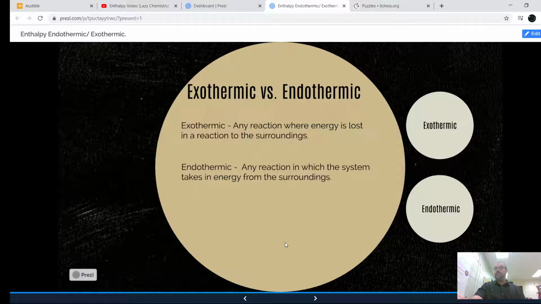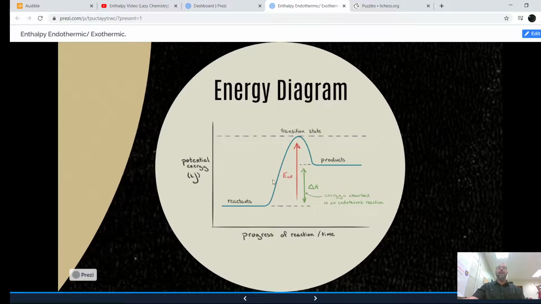Next is an endothermic one. An endothermic one, again, is going to have some of the same essential parts, where we have energy, which is going to be measured in kilojoules on the left. We're going to have time, but in this case, the reactants start off lower than the products, okay?